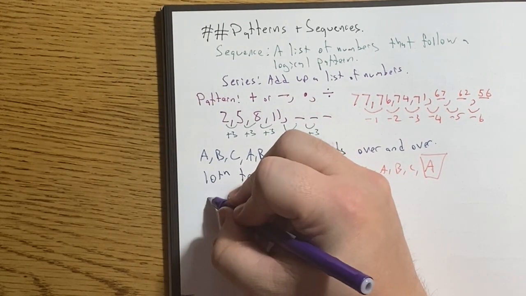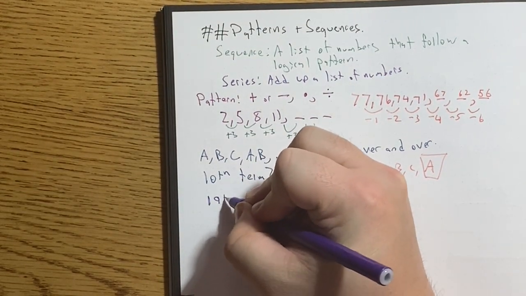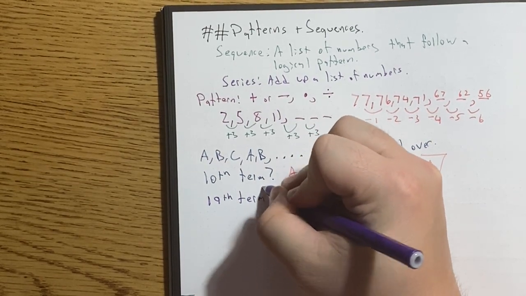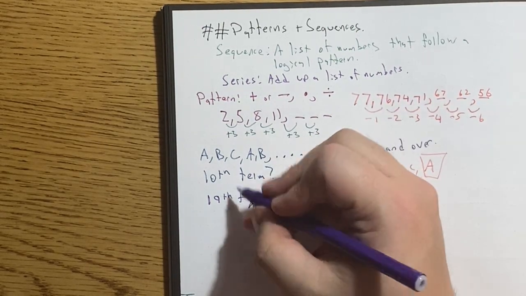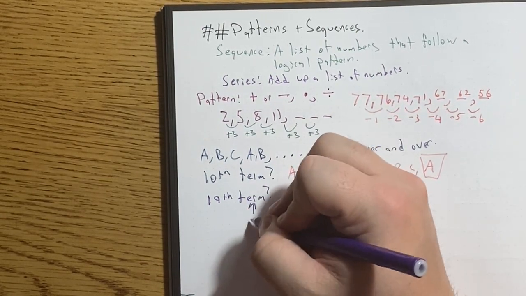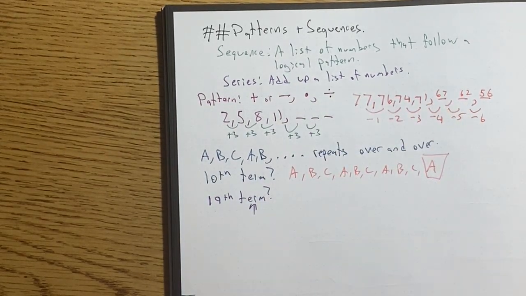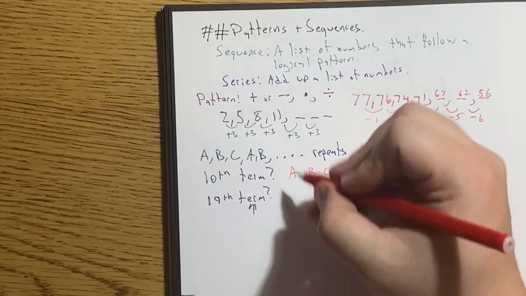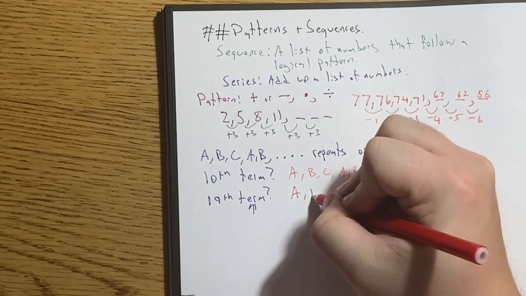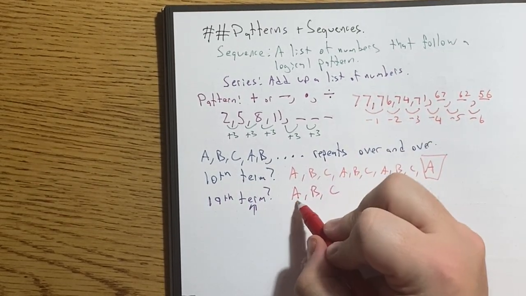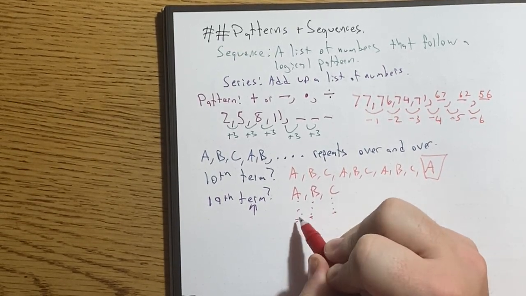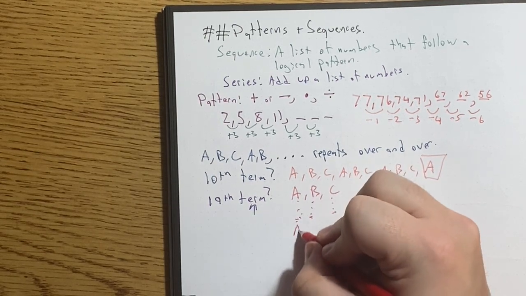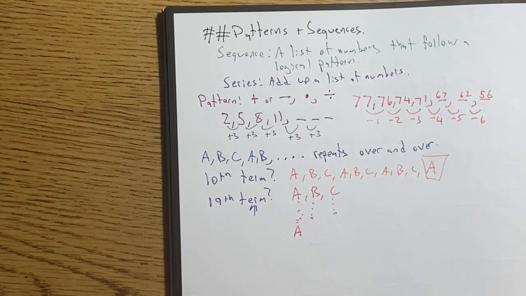What if I asked you what the 19th term is? As a note, term means the number in the sequence. Another way I've seen people do this, if they don't want to write it over and over, is to go ABC, then count 1, 2, 3, up to 19, and land on A. You can just count.